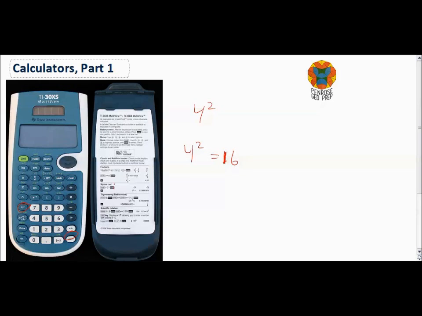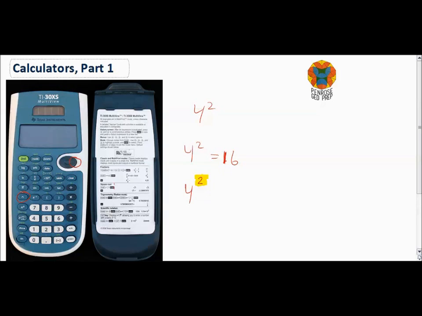The other way to do it is to hit 4, then hit your exponent button. What you'll get is a 4, and then one of those little flashing things, a special space that your calculator will have created above the 4. In that space, you can write your 2.